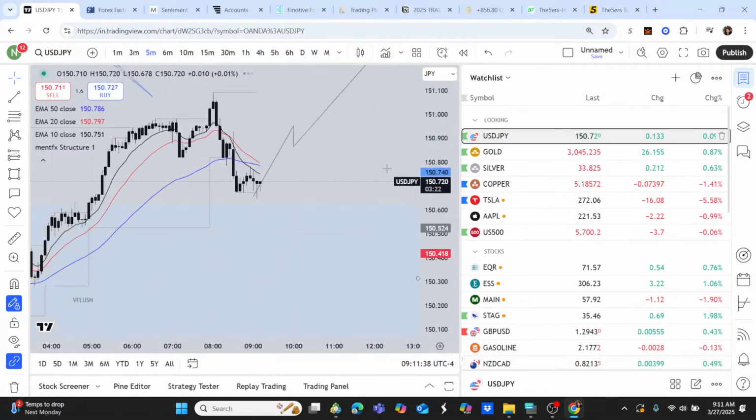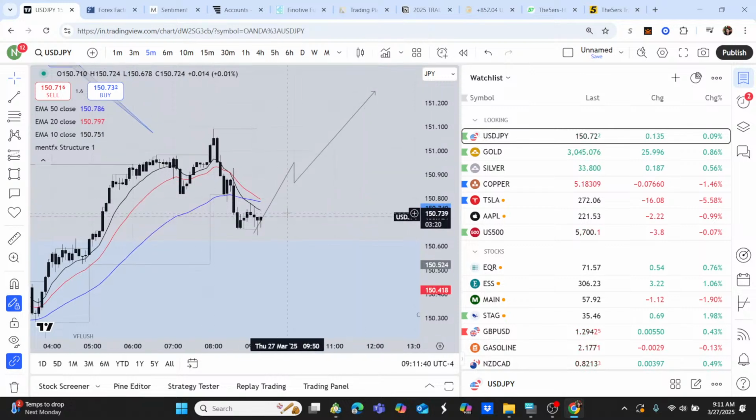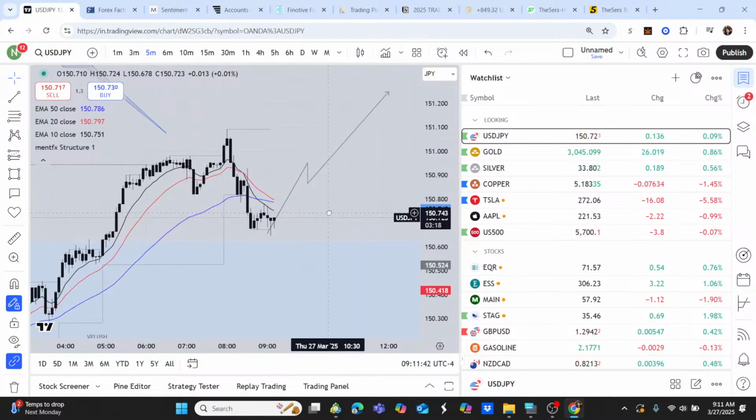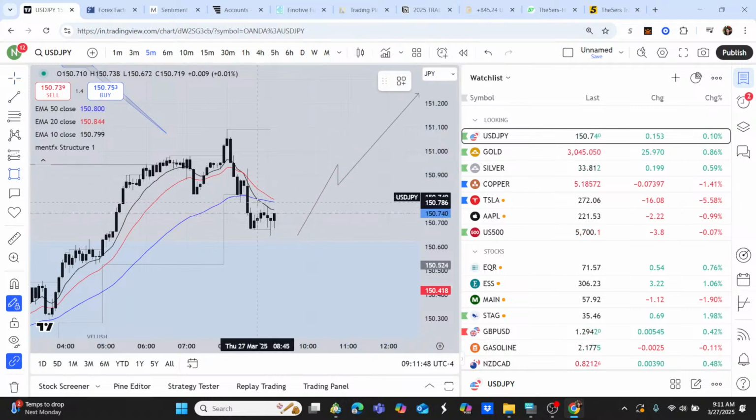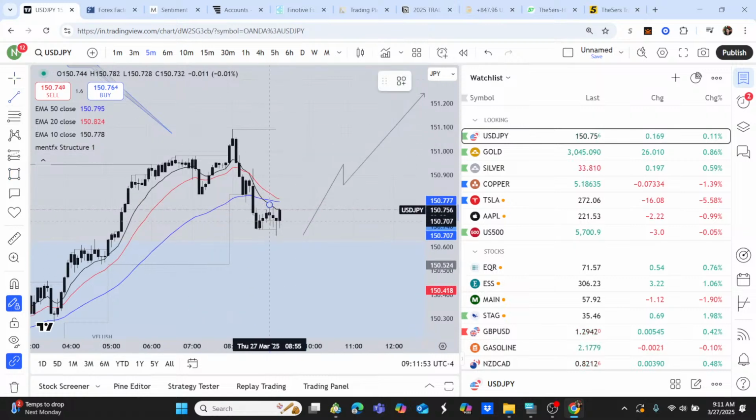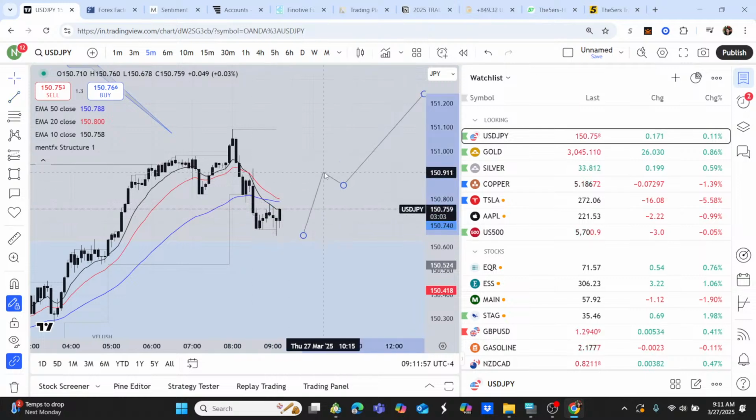Let's get on USD JPY. Yeah, it can make a setup if we move above here, that setup right there.